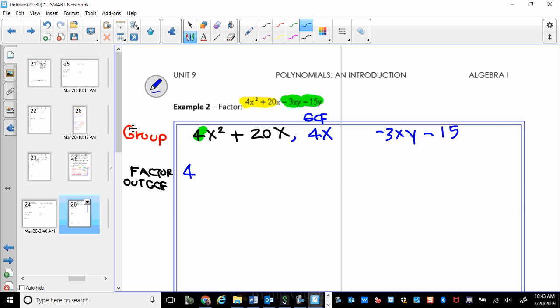In fact, if you have the space, you can write up there. I'm just going to rewrite it. So 4x times the quantity of 4x squared plus 20x. Please make sure you conserve your space, but you write neatly and cleanly. Divided by your GCF, 4x, each term.